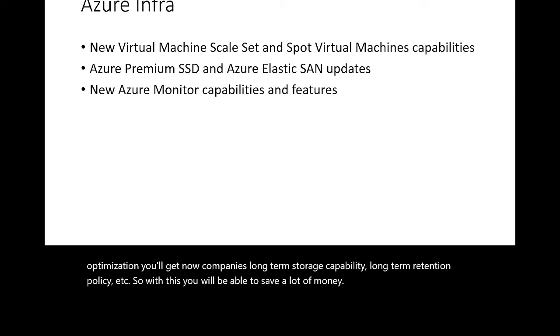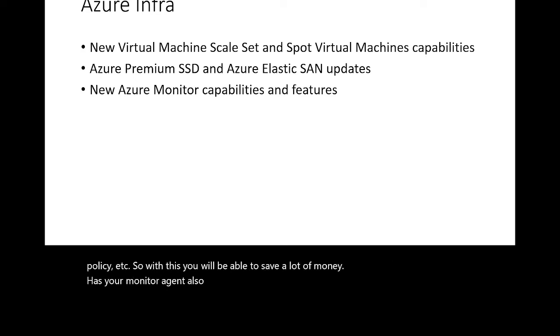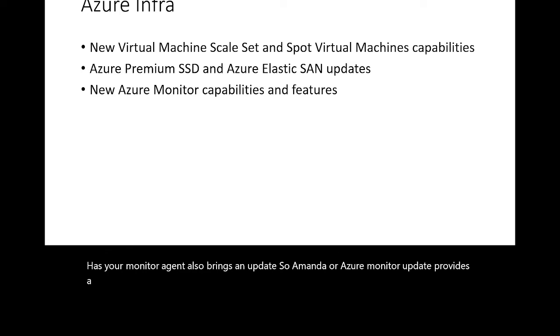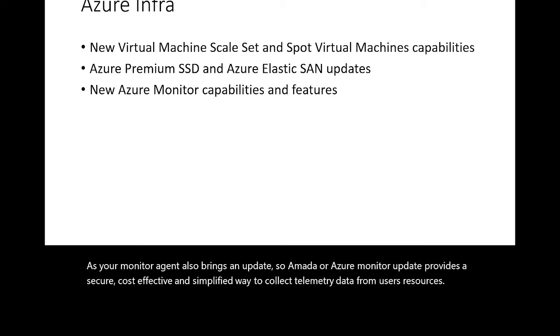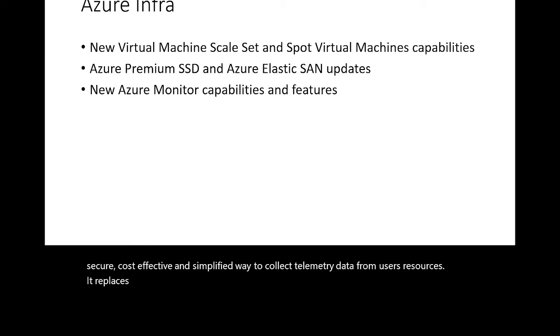Azure Monitor Agent also brings an update. So AMA, or Azure Monitor Agent, provides a secure, cost-effective, and simplified way to collect telemetry data from users' resources. It replaces the legacy Log Analytics agent, also known as MMA and OMS agent.